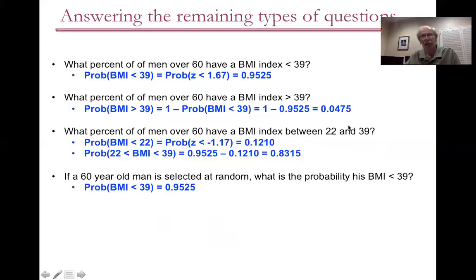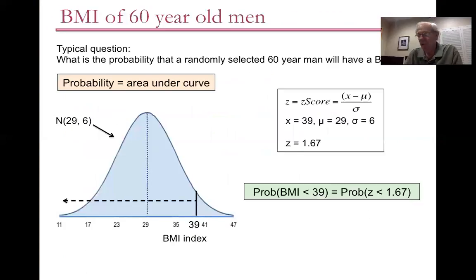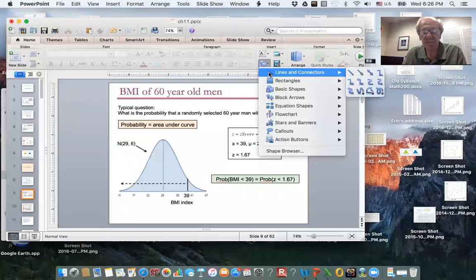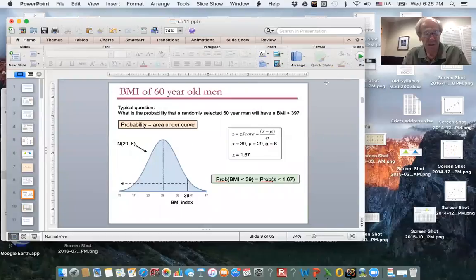What about between 22 and 39? Well, that's a little harder, but let me go back to the picture slide. The way to do this one is I first get the area to the left of 39. To the left of 39 means from this bar all the way left. So that's the BMI less than 39.